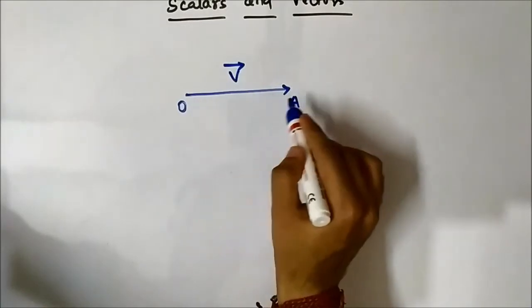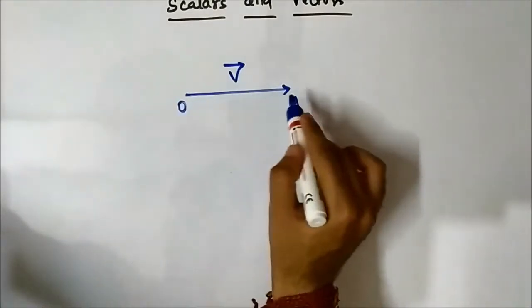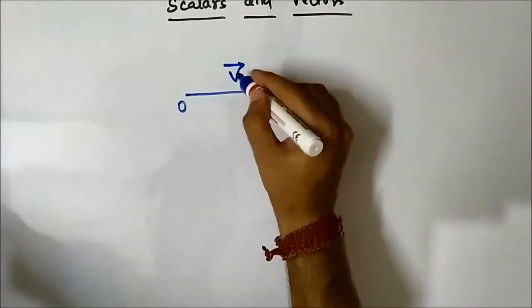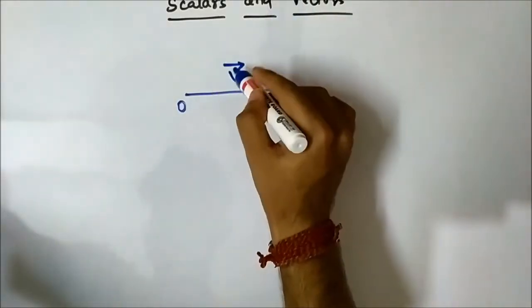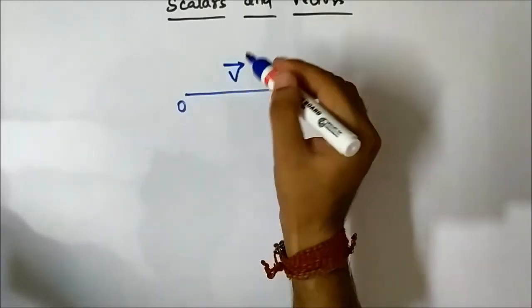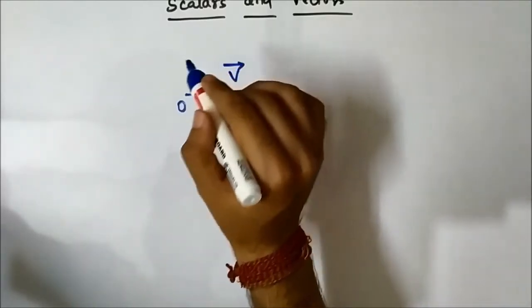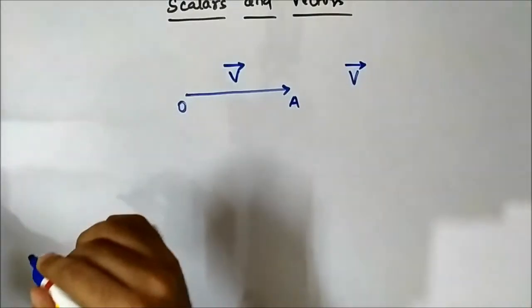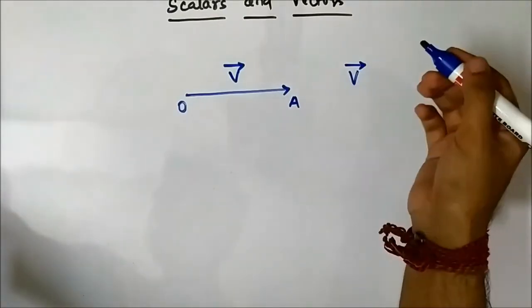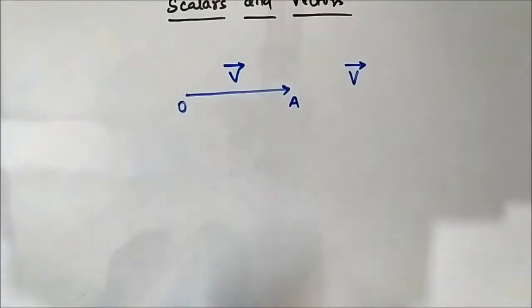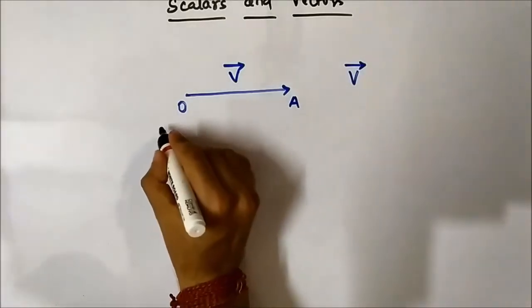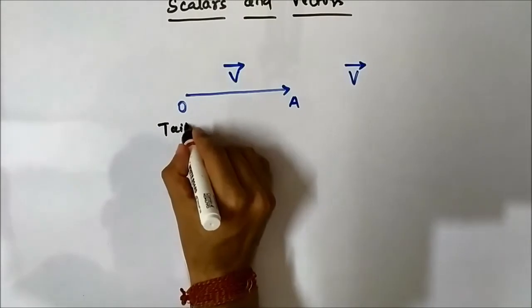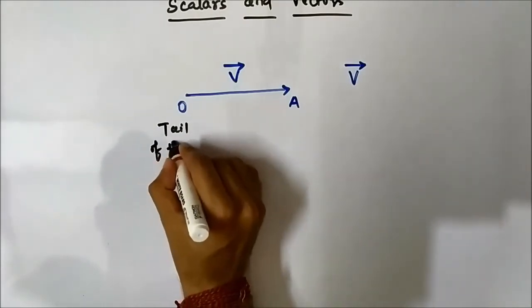Here this arrowhead represents the vector v. Any vector quantity is denoted by that symbol. Let's say here v is a vector quantity and we place an arrowhead on top of it, to denote that it is a vector. This point O, or the starting point, is called the tail of the vector.